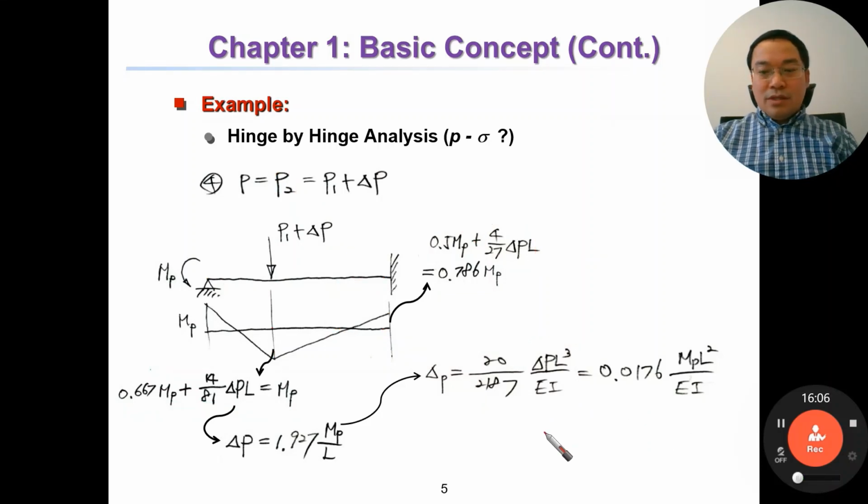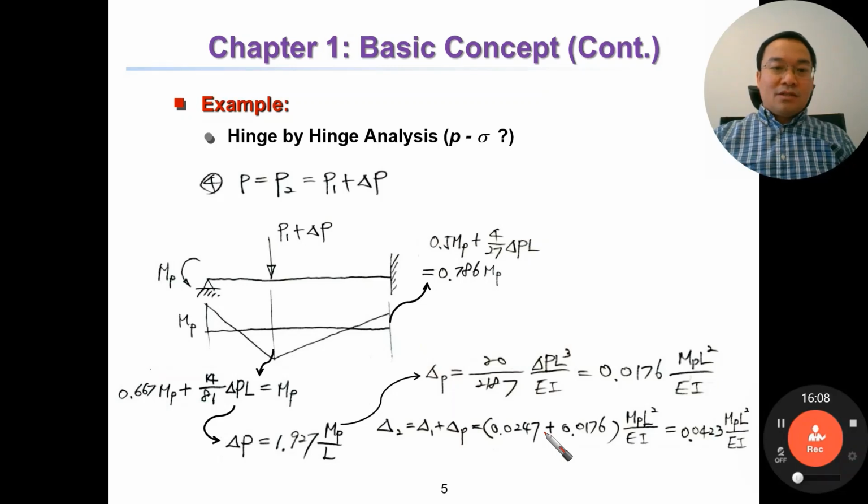So now we have ΔP, I mean the total deflection equals the deflection due to P1 and the deflection due to ΔP equal to this one.